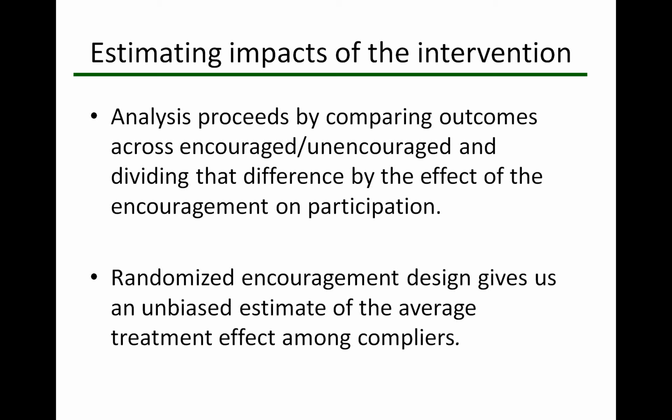We're relatively confident that we're getting a pretty good measure of what we're ultimately interested in, which is the effect of this program on participants, but it's an important clarification to make that really the only people we can say something about are the people who we actually impacted in terms of moving them into the program with the help of our encouragement.